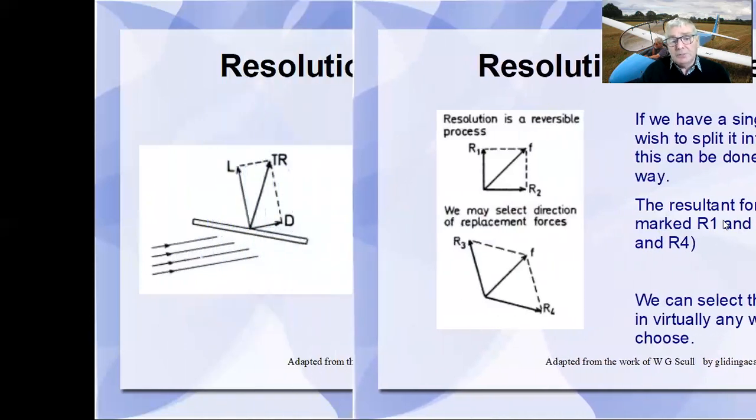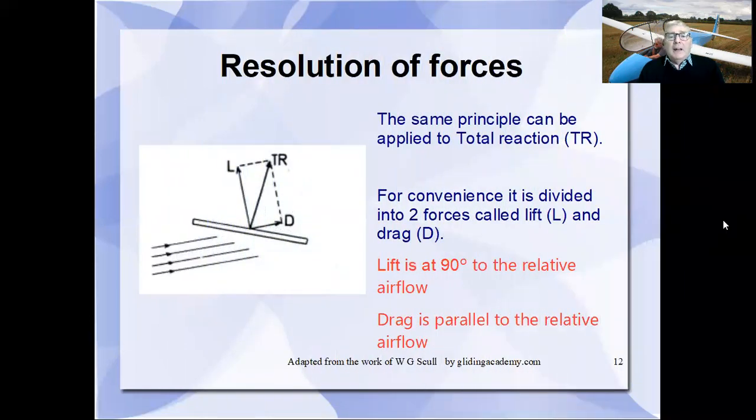And in the case of a wing, if we go back to our flat plate and our total aerodynamic reaction, what we can do is split this total aerodynamic reaction, or TR, into two vectors. And we'll call one of them lift, marked L on here, and the other one drag. They're just introduced for convenience for the engineer to understand and unravel what's happening with the wing.